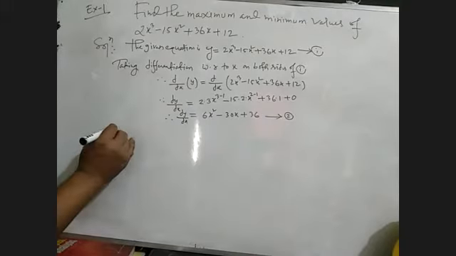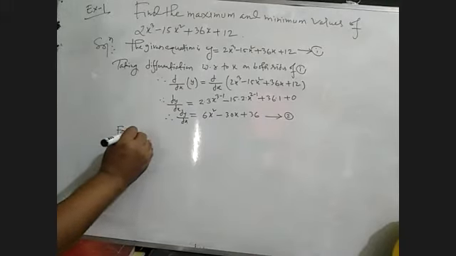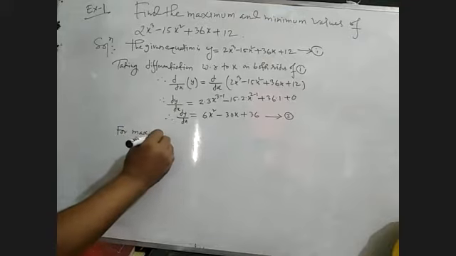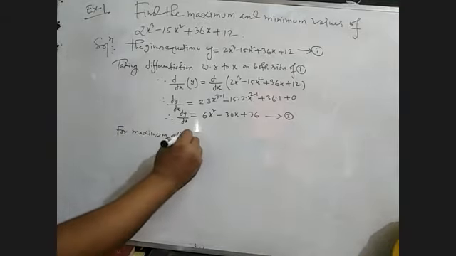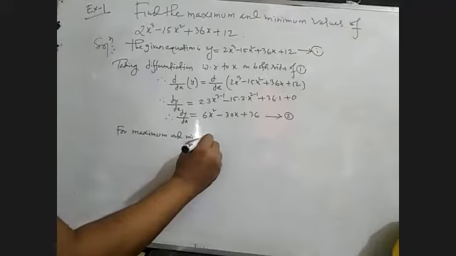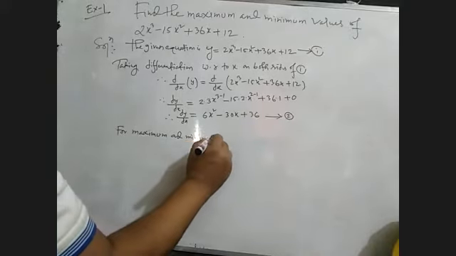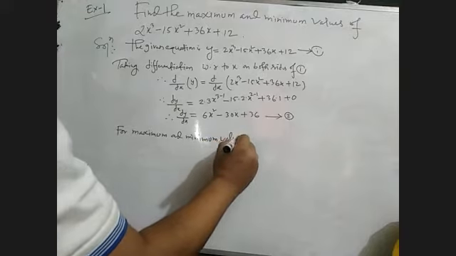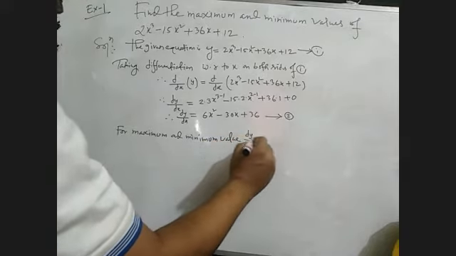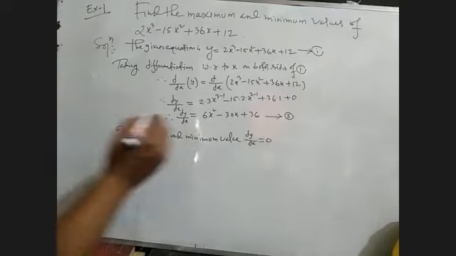Now for another condition, for maximum and minimum value, dy/dx equals 0.